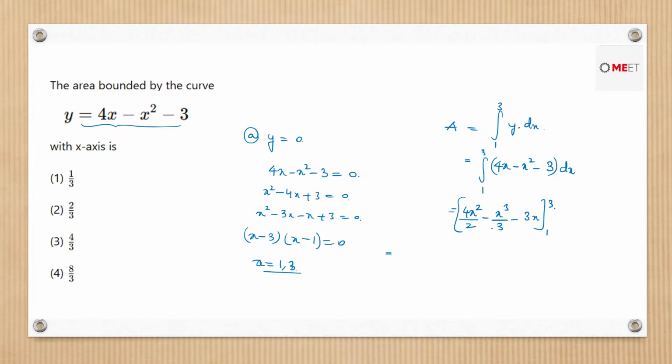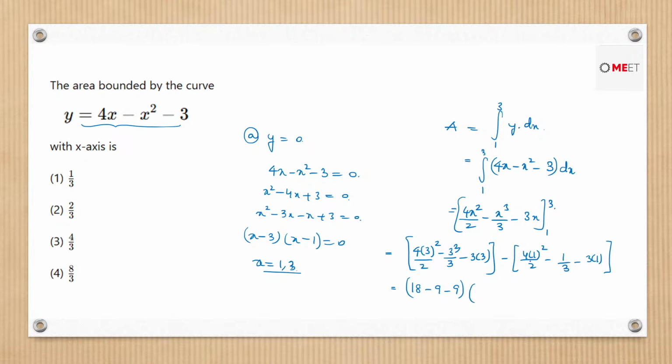So this will be equal to 4 into 3 square by 2 minus 3 cube by 3 minus 3 into 3, minus of 4 into 1 square by 2 minus 1 by 3 minus 3 into 1. So 3 square is 9, 9 into 4 is 36, 36 by 2 is 18, 3 cube is 27 by 3 is 9, minus 9.